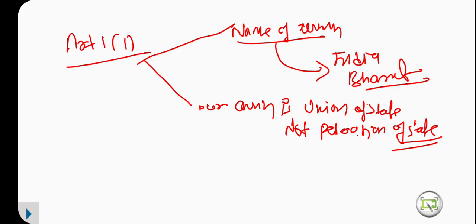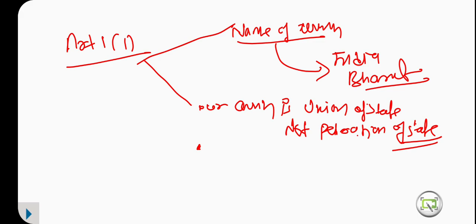Jambu Dweep, Bharat Varsha, Aryavart, all these names are rejected by the Indian constitution. And secondly, we know that our country is a union of states, not a federation of states.